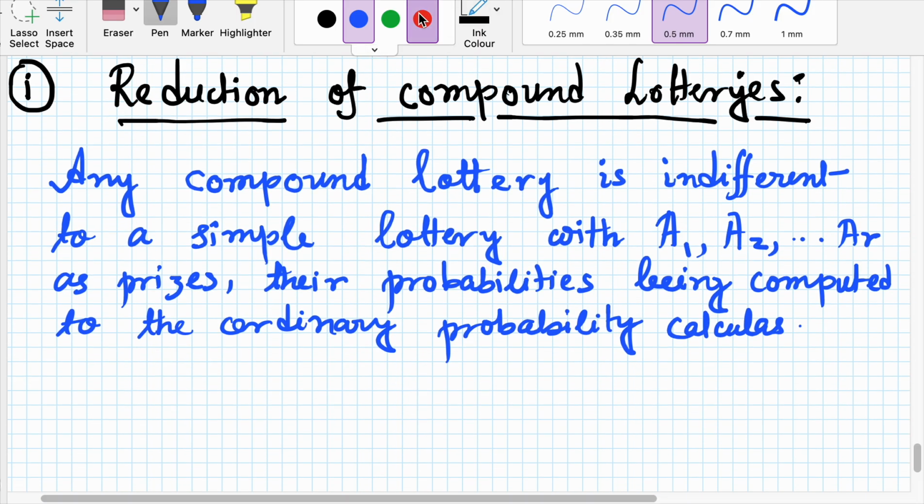So let me give you that test. What does this compound lottery mean?